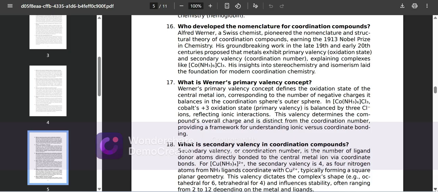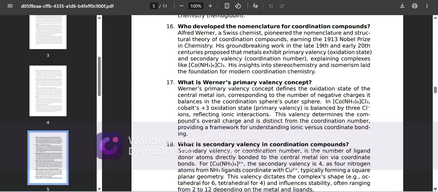His groundbreaking work in the late 19th and early 20th centuries proposed that metals exhibit primary valency, oxidation state, and secondary valency, coordination number, explaining complexes like Co(NH3)6Cl3.